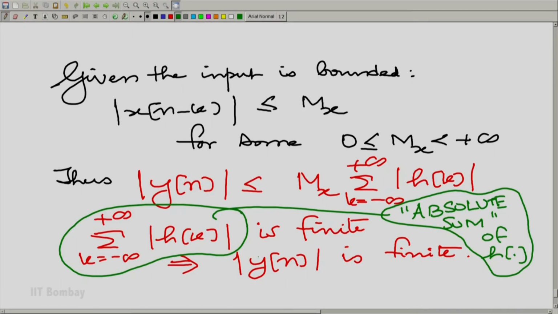So, if the absolute sum of the impulse response is finite, it is very clear that y[n] needs to be bounded, and we can also find a bound. So, in fact, let us get back here.